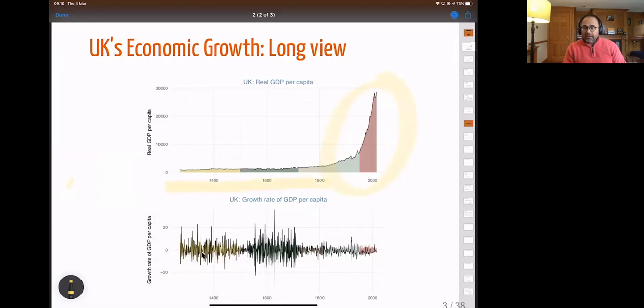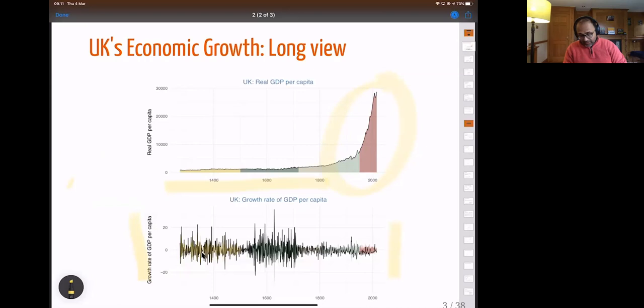For a long time, almost up till the 1800s, the real GDP of the UK hadn't changed much. It had changed by small amounts, but it started off from a very, very low base. You can see the growth rate on the bottom panel.